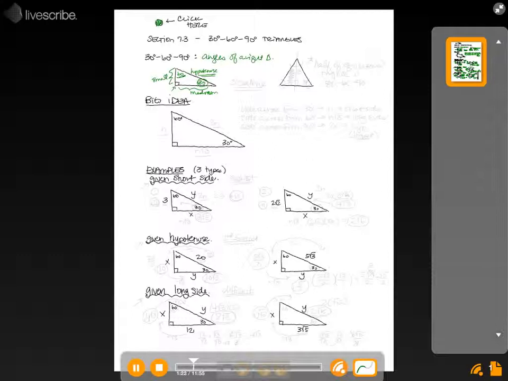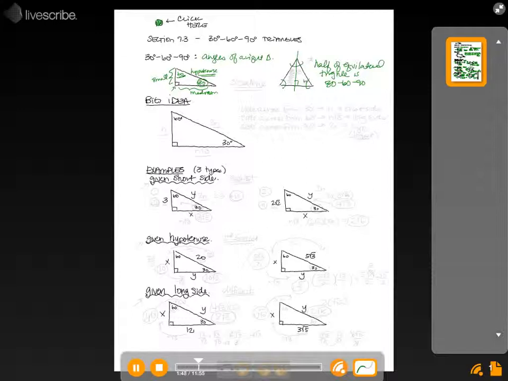Okay, something else to remember is that half of an equilateral triangle is a 30, 60, 90 triangle. We know all the angles in an equilateral triangle.